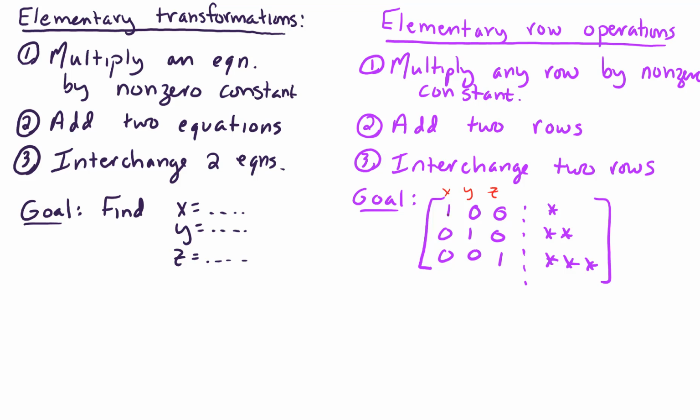This would give us that 1x equals whatever this constant is over here. It would tell us that 1y equals whatever other number we get in the second row. I'll just put stars in there for now. And 1z, that would tell us that whatever we get in that third row is our answer. And so that's the same idea here.